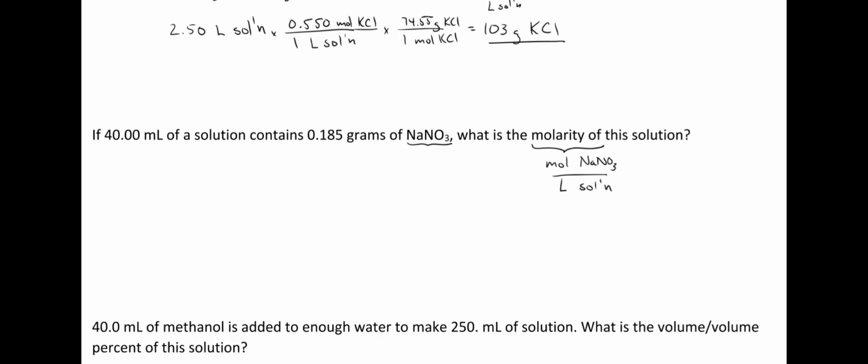As with the potassium chloride, we want to start by finding its molar mass, since we are given the number of grams, and we would like to convert grams to moles. So, using the calculator, we determine that the molar mass of sodium nitrate is 85.00 grams per mole.